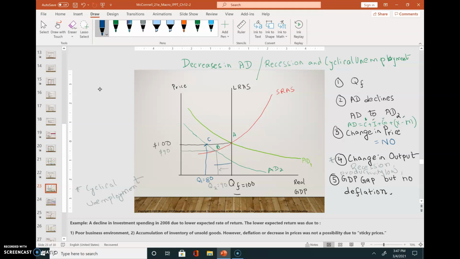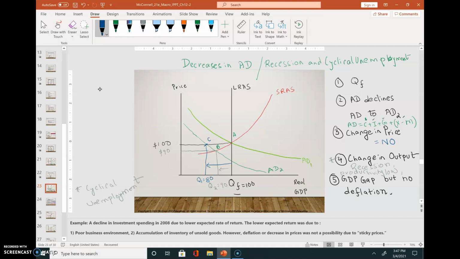So we go all the way from QF equal to 100 to the new output, the actual output, Q1 equal to 80.